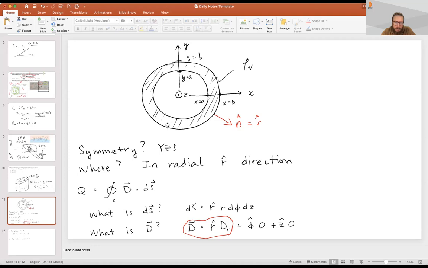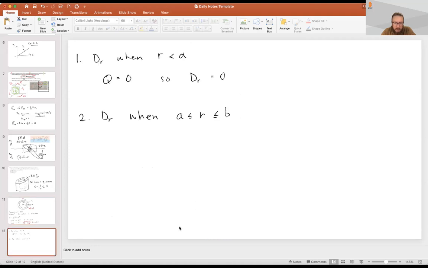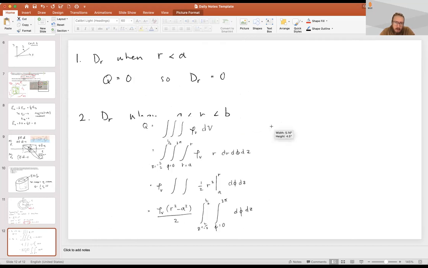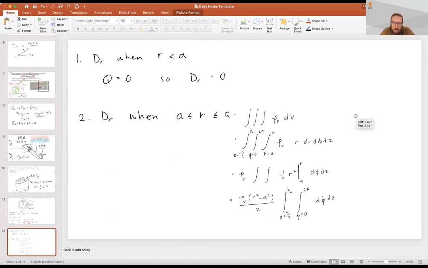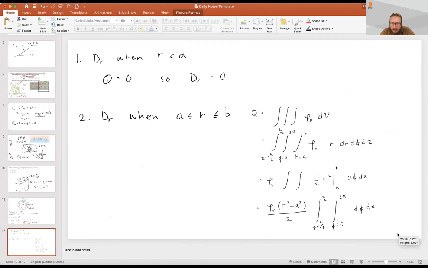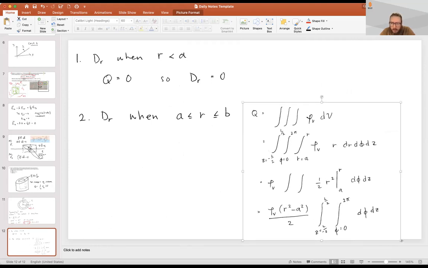If we're in between this region where all these charges exist, let's see if we can find the magnitude of the electric flux density. We will do that by solving for the total charge that's contained in there.